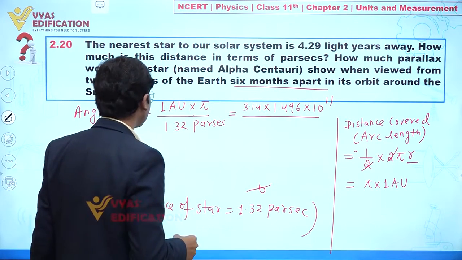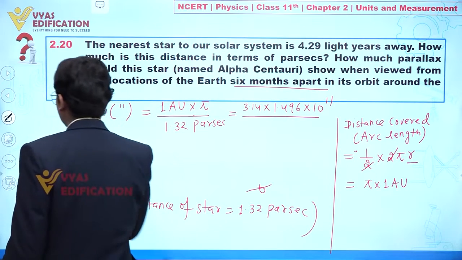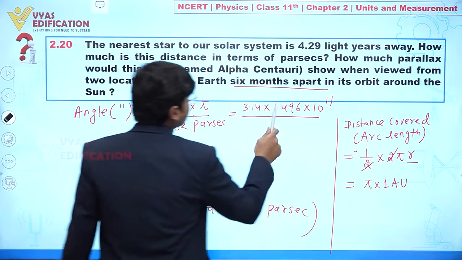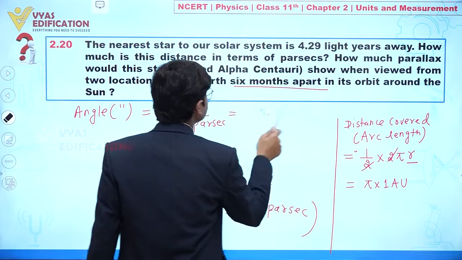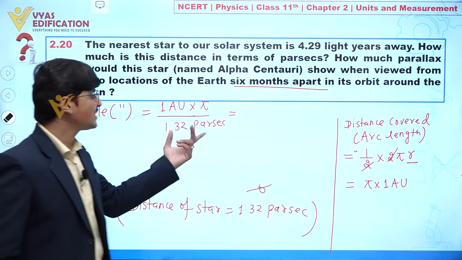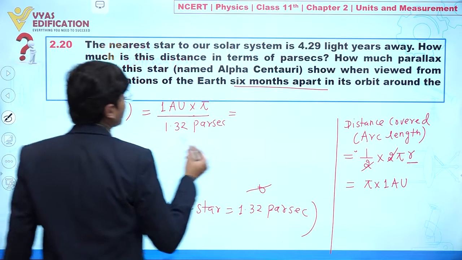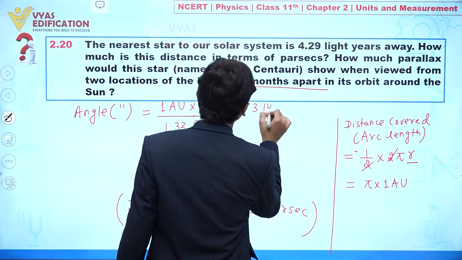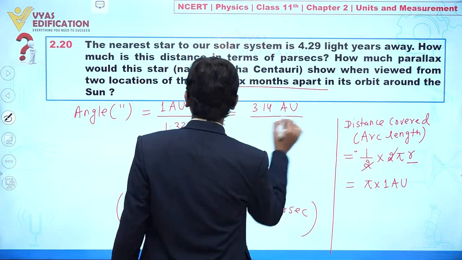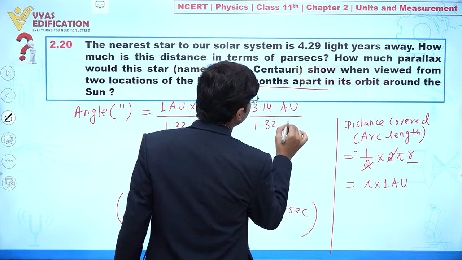Or you can directly say, because you are taking this distance in astronomical unit and this distance in parsec, you will find this angle in seconds. So directly you can say pi, 3.14, astronomical unit divided by 1.32 parsec.